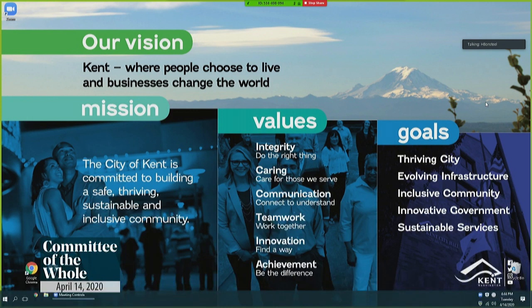The 12-year has a minimum percentage and minimum affordability level, so you couldn't do a 12-year at 5% AMI. I don't remember off the top of my head what those thresholds are, but there are more requirements on the 12 in terms of state law. The 8-year is up to us. Did that answer your question, Councilmember Larmer? It does, thank you. All right, Councilmember Boyce.